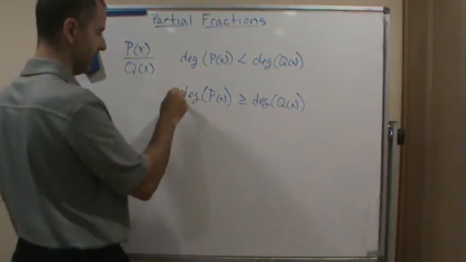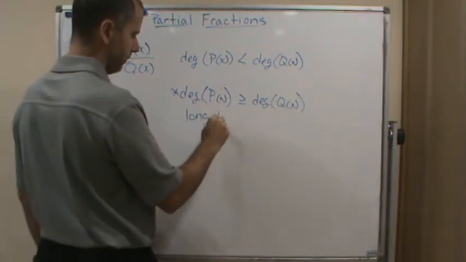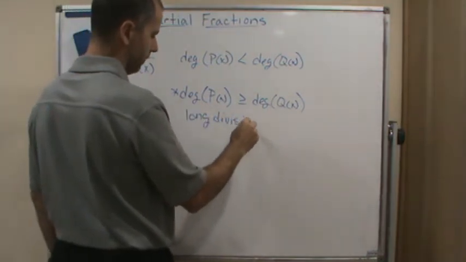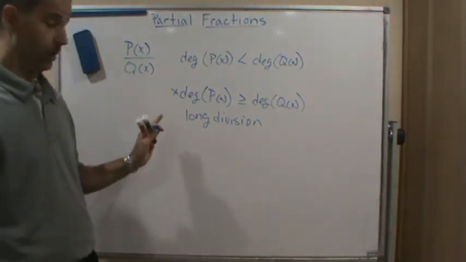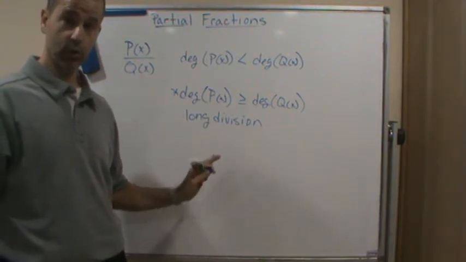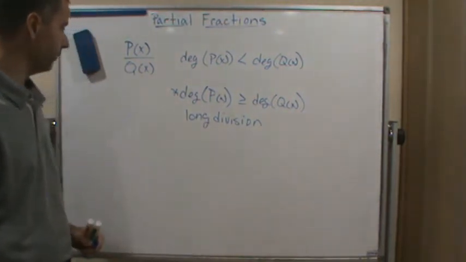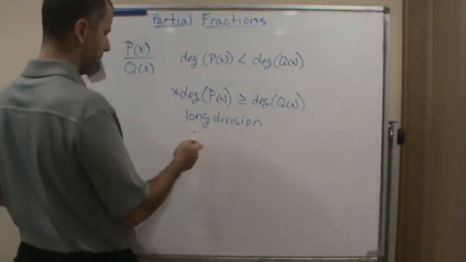So if this is the case, then you have to use long division to rewrite the rational function with a quotient plus a remainder.